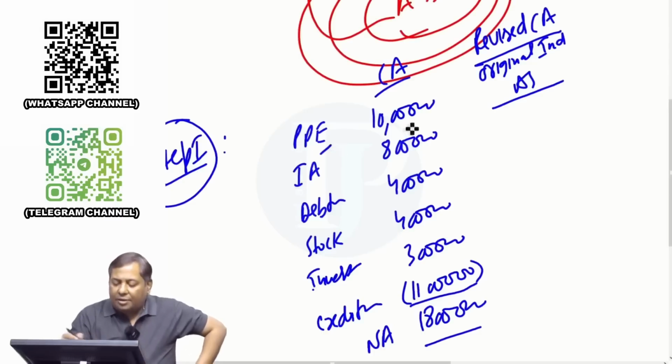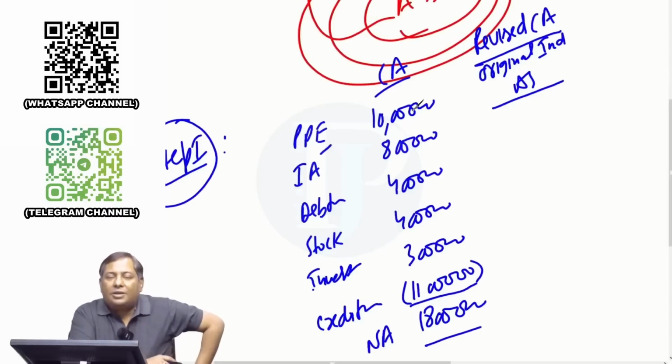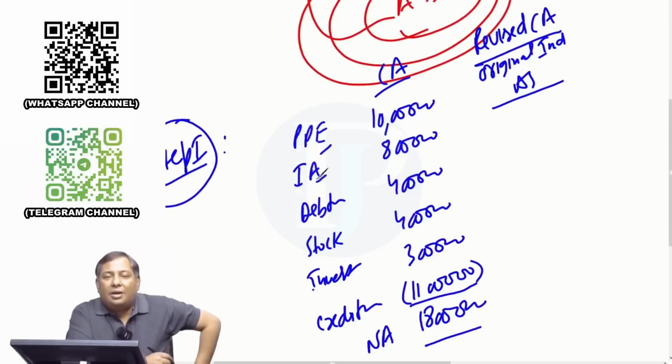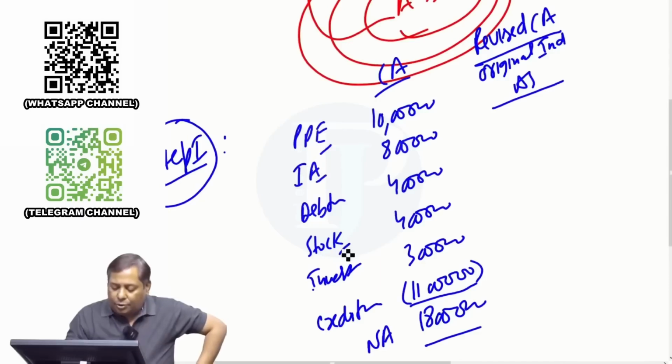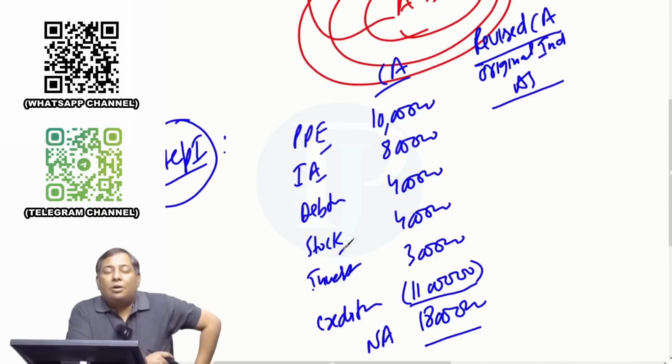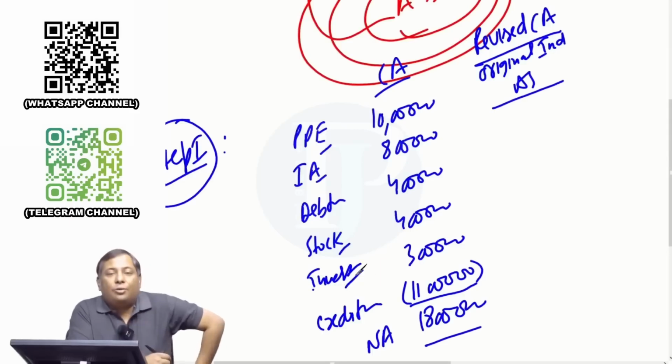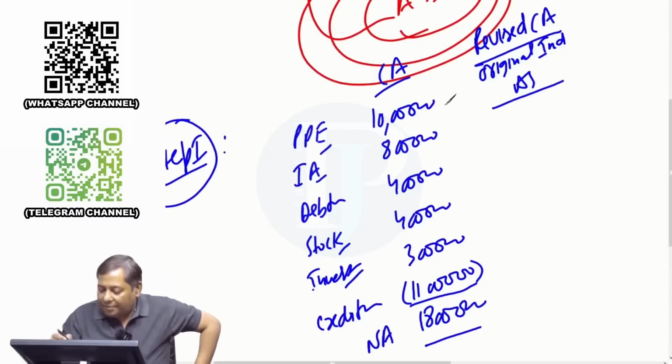For PPE, I will go to Ind AS 36 and calculate its impairment loss. It is an intangible asset. I will use Ind AS 36 to calculate its impairment loss. I have stock. I will apply Ind AS 2 on it. Cost or NRV, whichever is lower, calculate the impairment loss. If it is an investment, I would apply Ind AS 109 and check its fair valuation. I checked it in the original Ind AS.